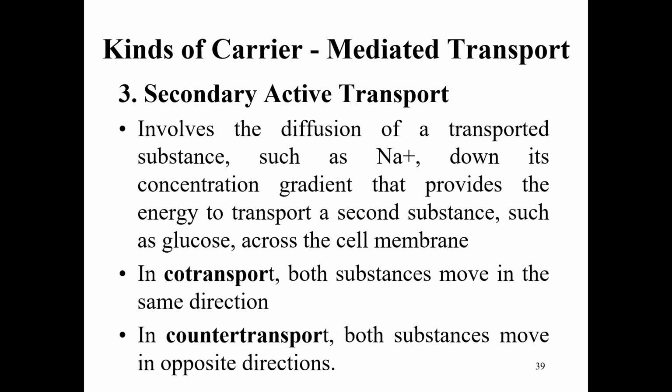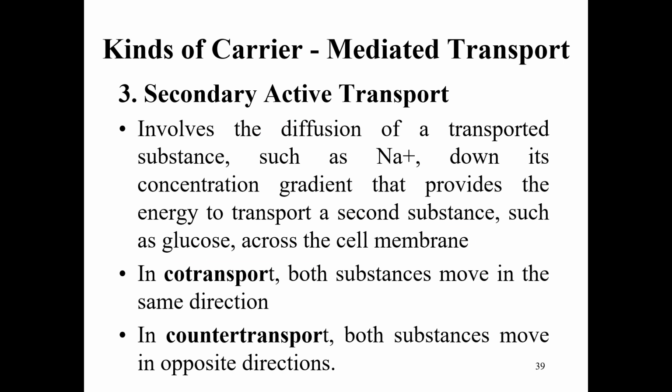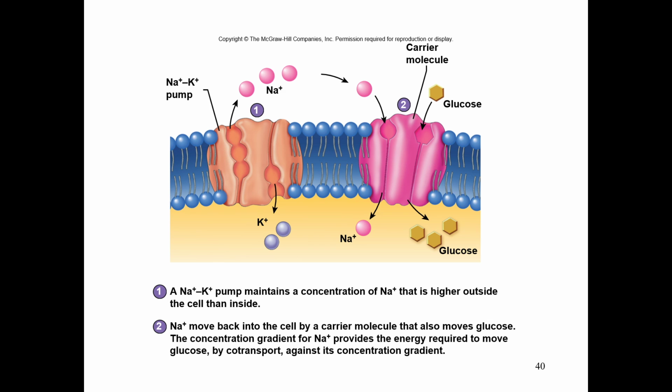In counter-transport, both substances move in opposite directions. Take for example the sodium-potassium pump. So this is what confused me earlier. Sodium goes out while potassium goes in. This is the opposite, or counter-transport. While sodium and glucose going into the cell is co-transport, meaning they both get inside the cell.